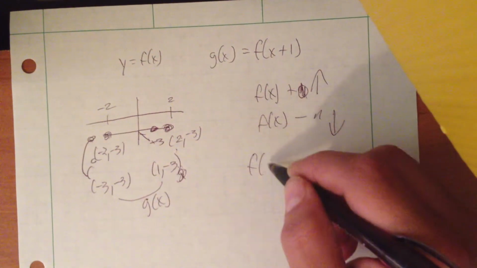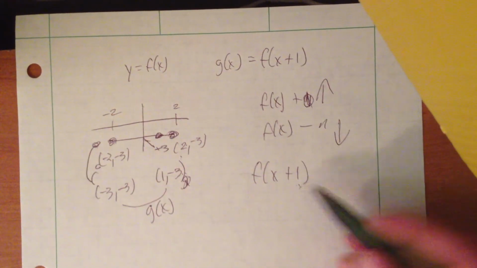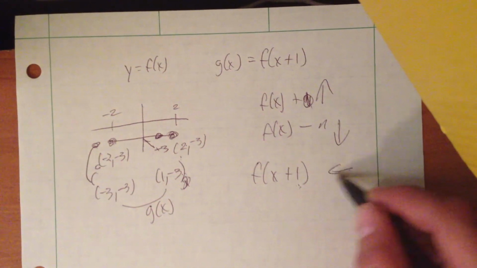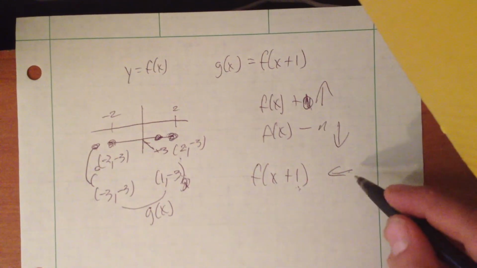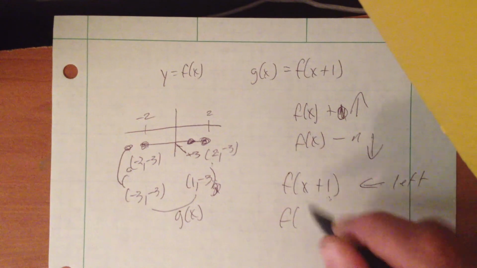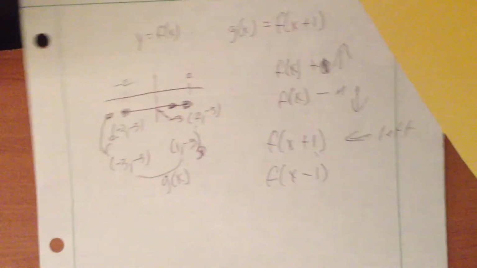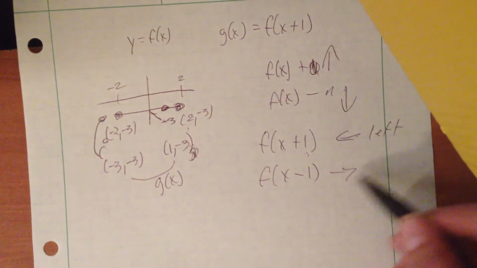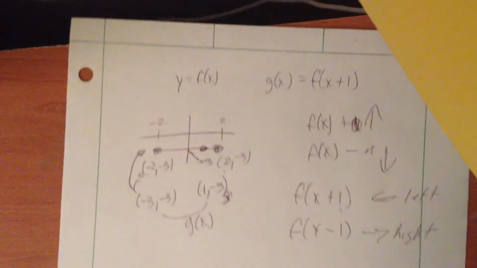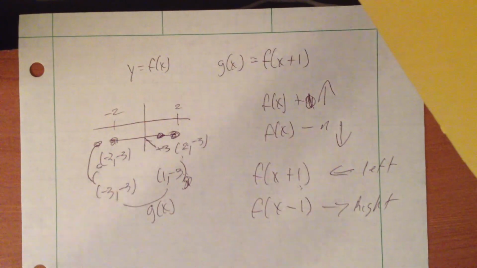If it says f of x plus 1 inside the parentheses, it's going to move to the left, and f of x minus 1, or whatever number it is, moves to the right. So that's up, down, left, right, and this is basically what the whole chapter is about.